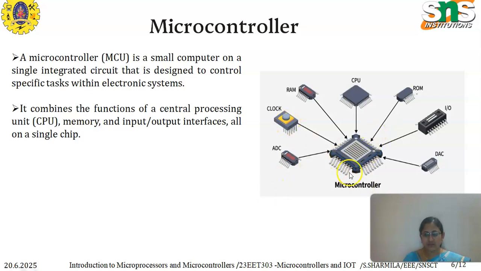In this diagram, we see that this is a single chip because the microcontroller has the clock, RAM memory unit, CPU unit, ROM, input-output ports, and DAC and ADC, the digital to analog converters and analog to digital converters.